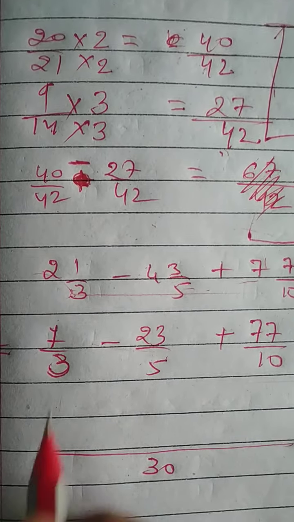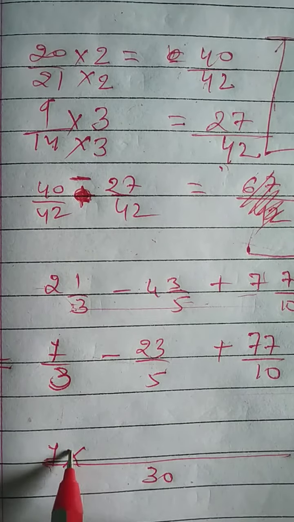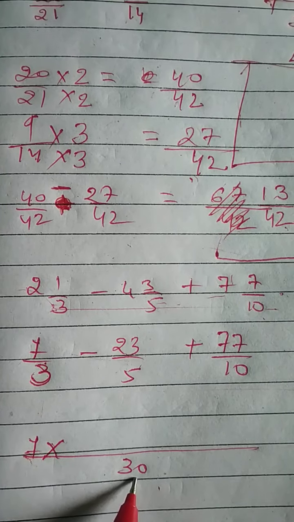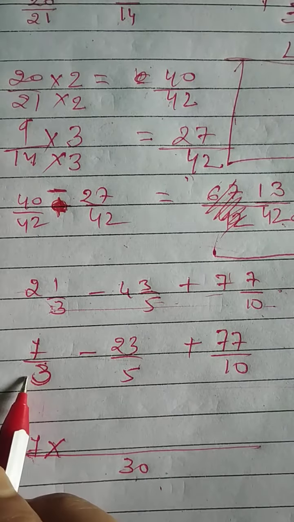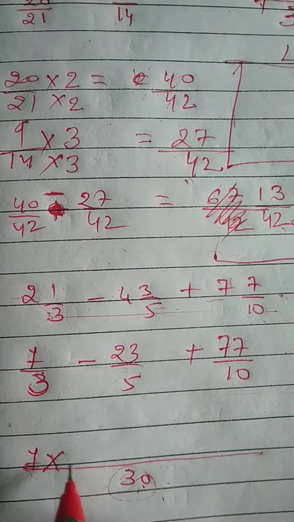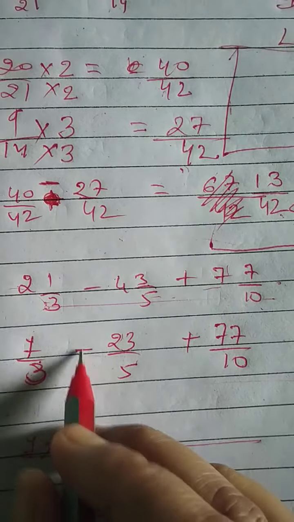Okay. After that, this 7 will be in its own place, but we will multiply something with it. This and this you have to divide. Divide 30 by 3. 3 tens are 30. The minus sign is the same, you have to write the same sign.